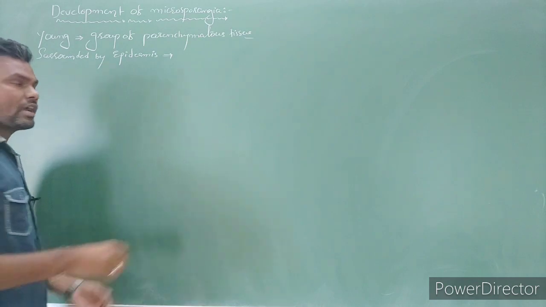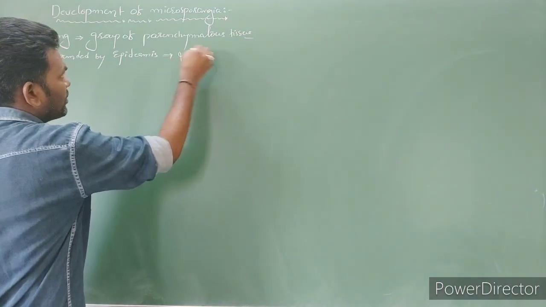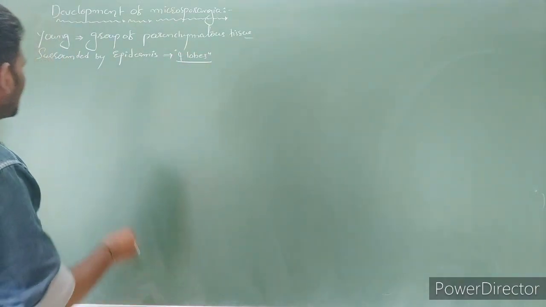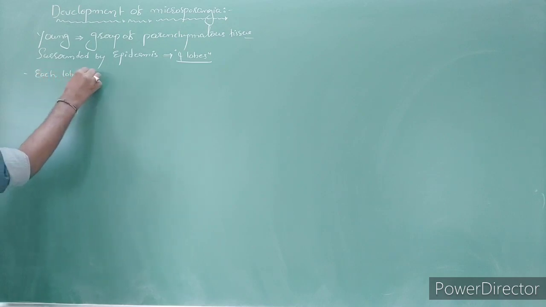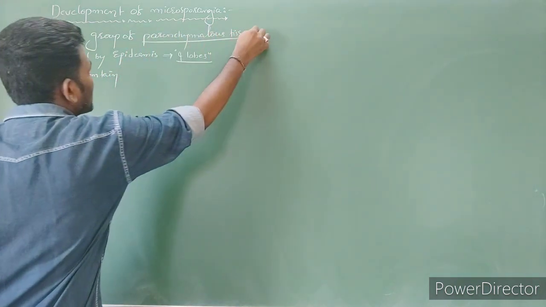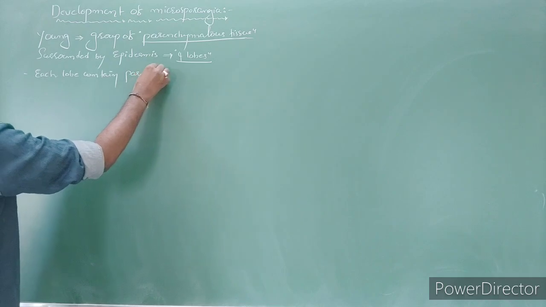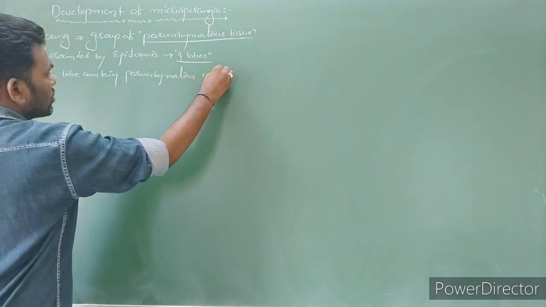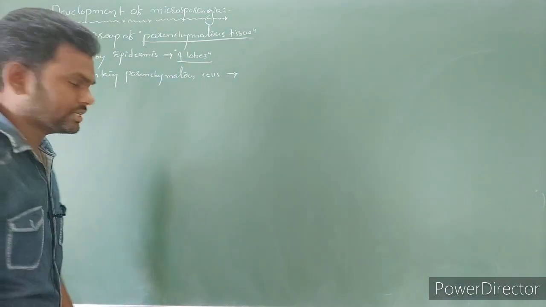Later it becomes 4 lobes, which we call a tetralocular anther. Next, each lobe contains a group of parenchymatous cells, which divide to form archisporial initial cells.